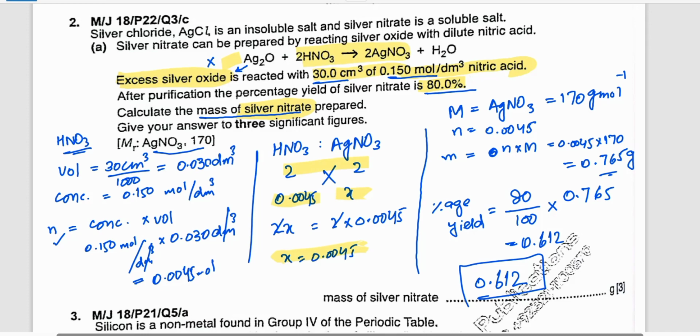What we have to find? Mass of AgNO3, silver nitrate. So we have its moles, we have its molar mass, and we found its mass by multiplying the number of moles with the molar mass. But what is the yield? 80%, 80 over 100. So this is the answer.